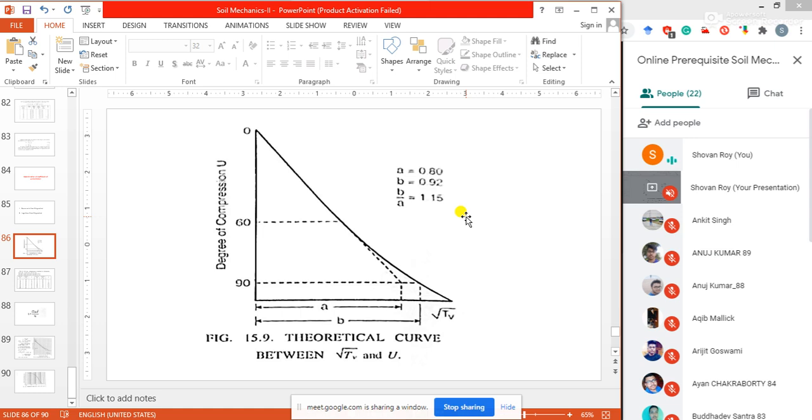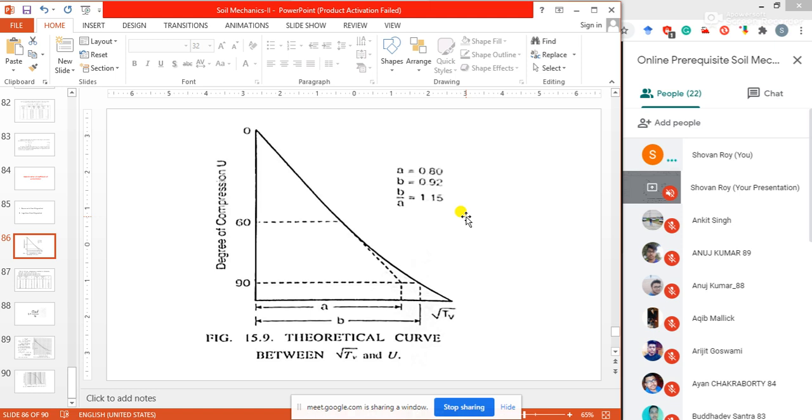So actually the reason behind this curve is that you will get it after some time. The method consists of drawing the curve between root of time as abscissa and the dial reading, representing the compression of the specimen, as ordinate for any pressure increment in the consolidation test.